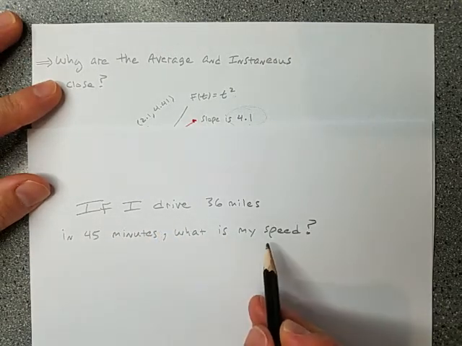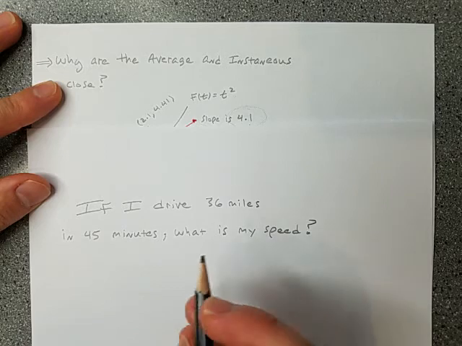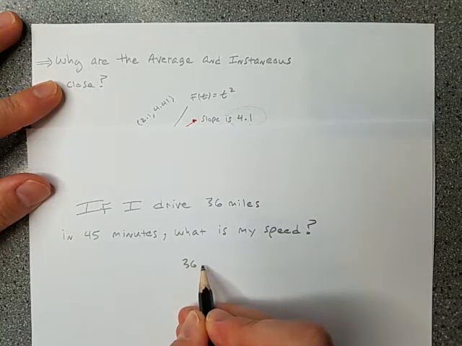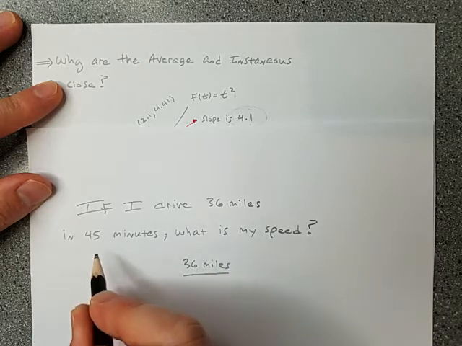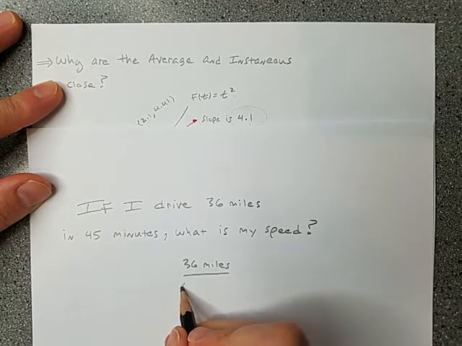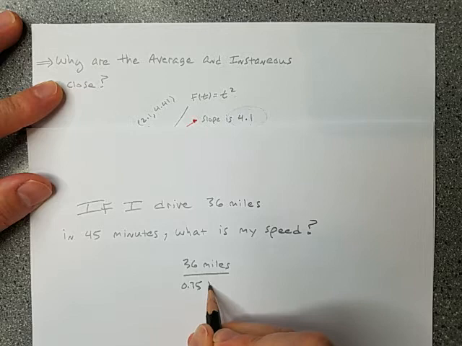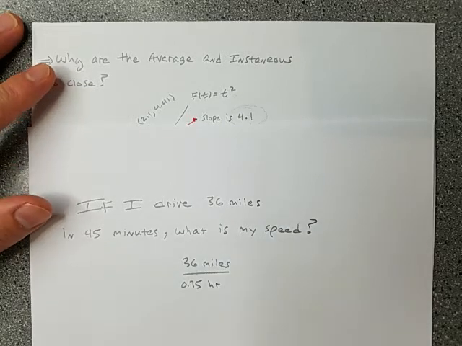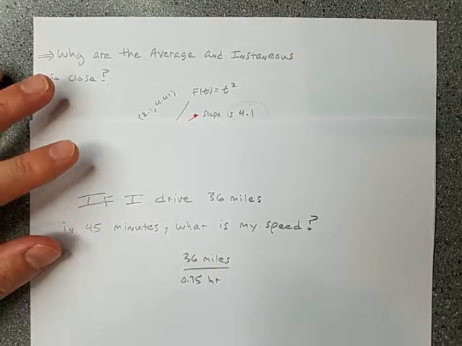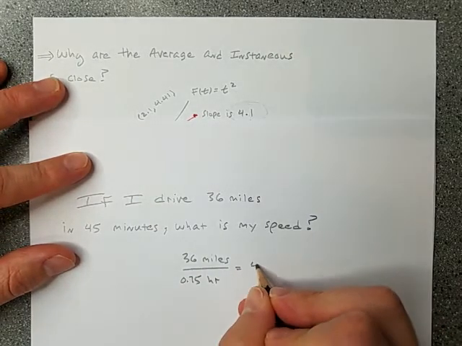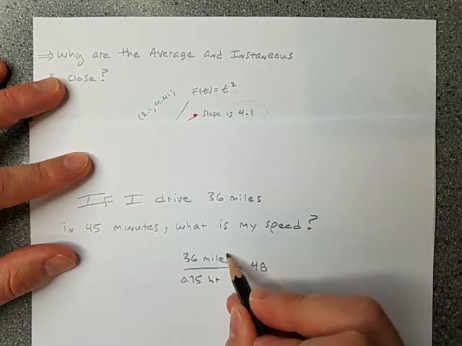What is my speed? Somebody might be inclined to say, well, your speed is 36 miles and it took you 45 minutes. Let's say 0.75 hours, though. I think I like the units a little bit better. And I divide that out, 36 miles in 0.75 hours, and that turns out to be 48. Okay, 48 what?